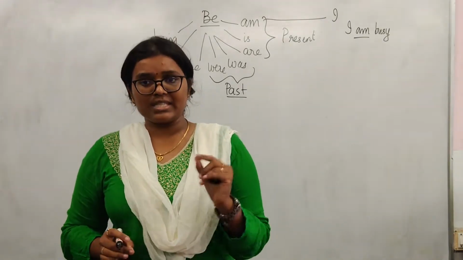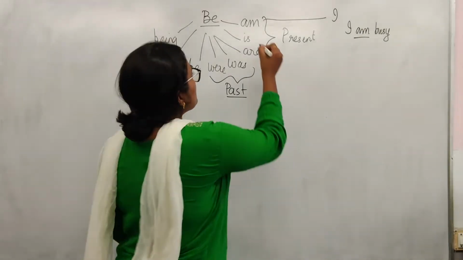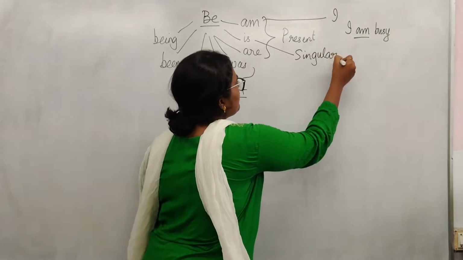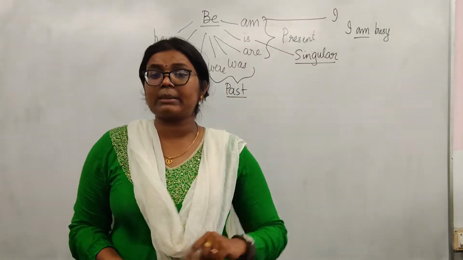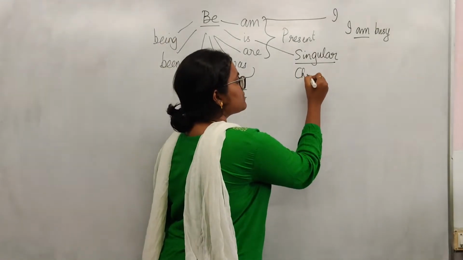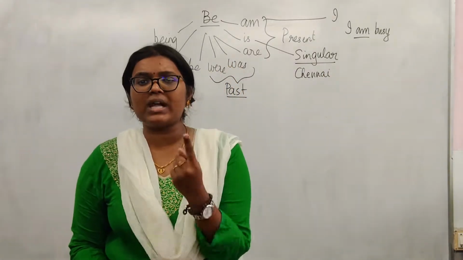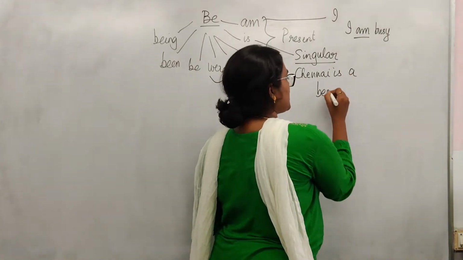And where do we use is? Is always used with singulars. So with singular nouns, we tend to use is. When I say singulars, it actually means that we're talking about one single entity. For example, Chennai. Chennai is just the name of one single city. Chennai is a beautiful city.